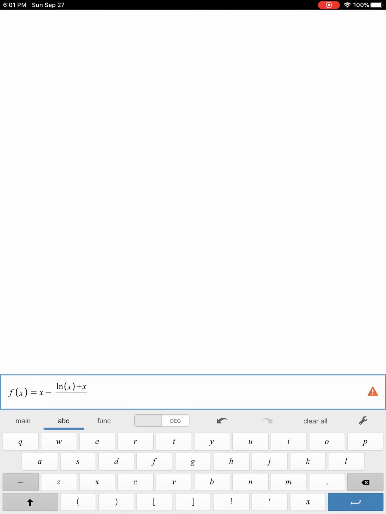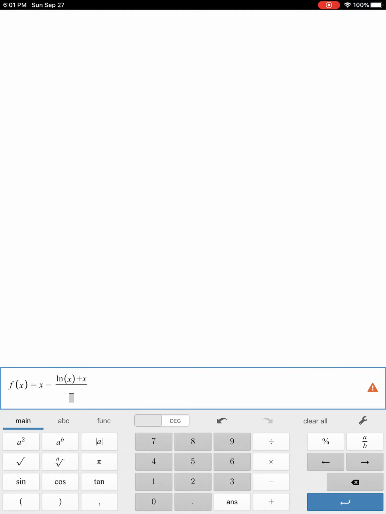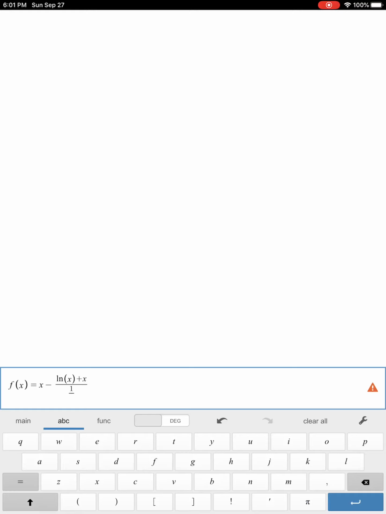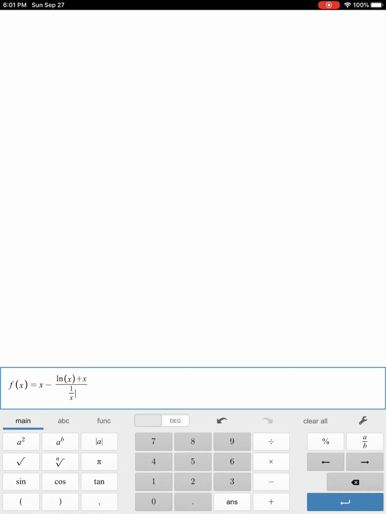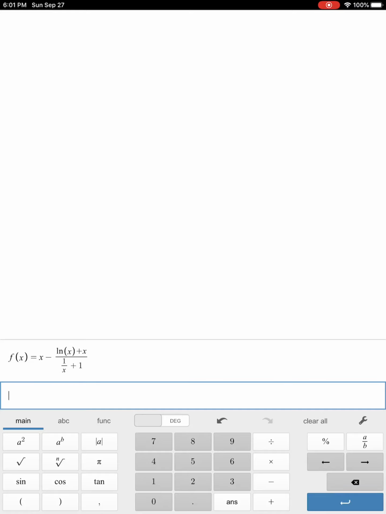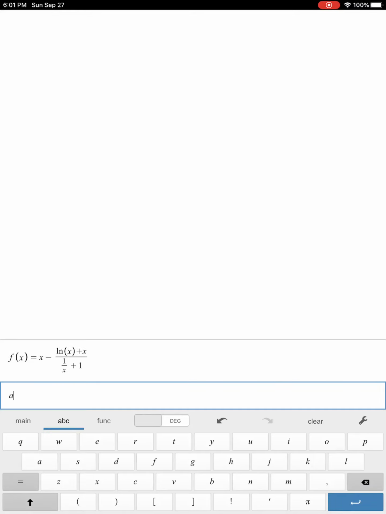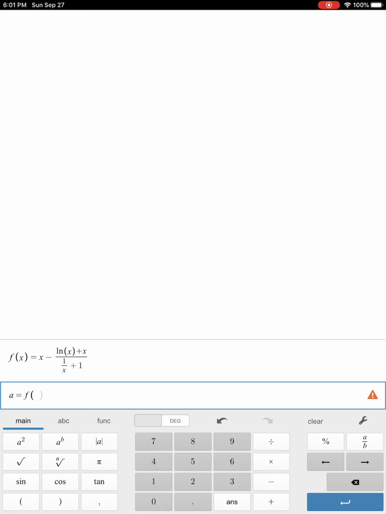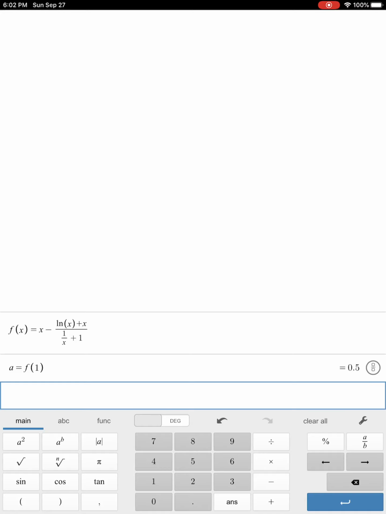So that's the function that we want to be equal to 0 if we want ln of x to be equal to negative x. And down here, we figured out the derivative was 1 over x plus 1. So that's going to be our function, and our x1 is going to be f of our guess, which we said was 1.